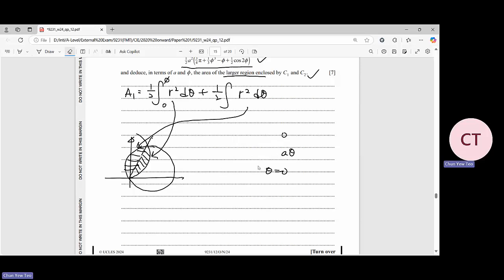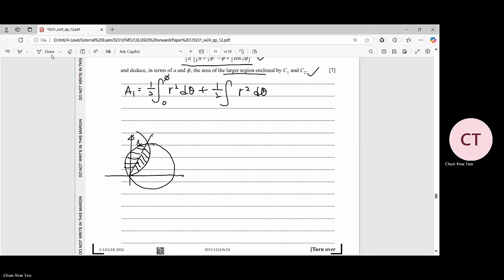Then for the circle, theta goes from phi until 3 pi over 4.